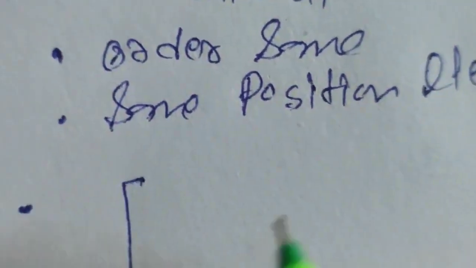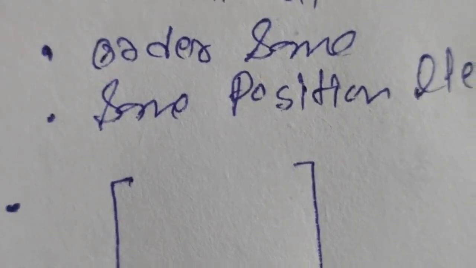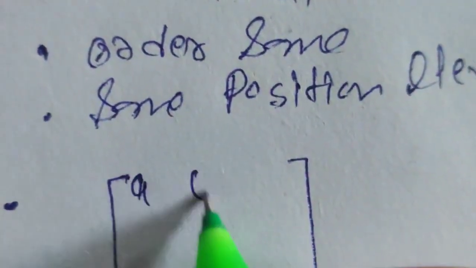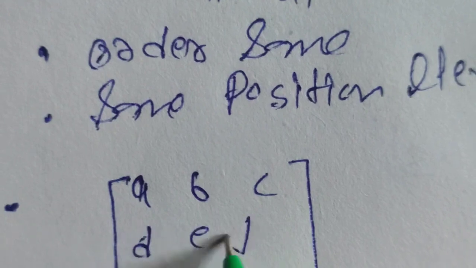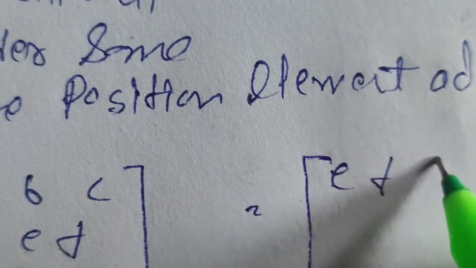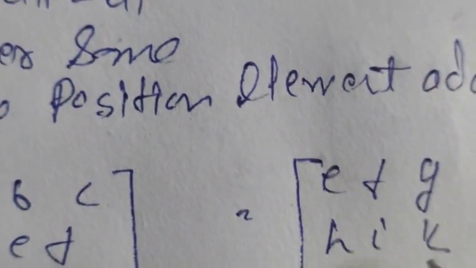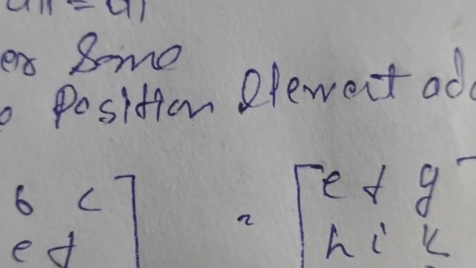For example, let's say this was our matrix of 3 cross 3. This is A B C, D E F, 1 2 3, and the same thing for the other matrix: E F Z, H I K, and 6 7 8, again 3 by 3.